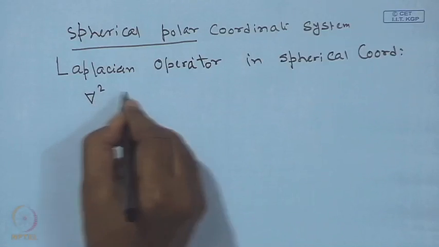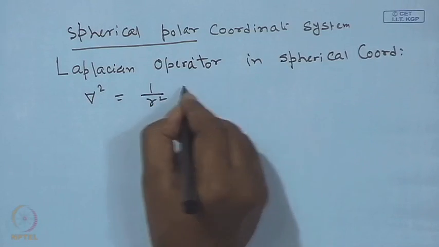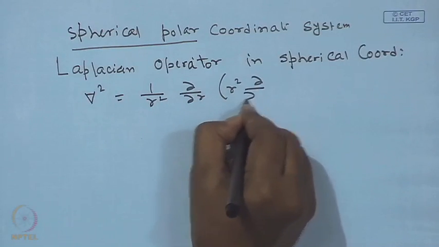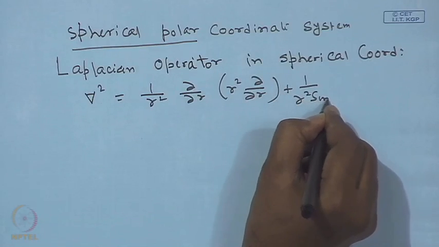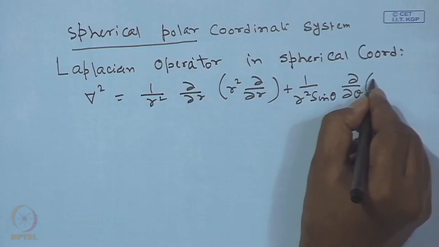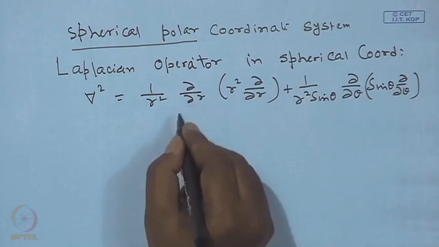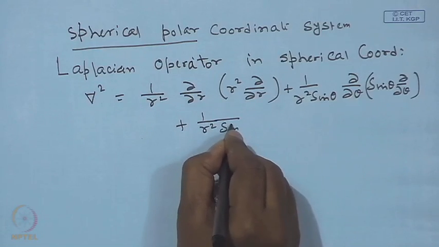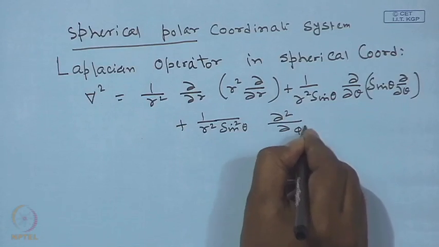Grad square is nothing but 1 over r square del by del r of r square del by del r, plus 1 over r square sin theta del by del theta of sin theta del by del theta, plus 1 over r square sin square theta del square by del phi square.